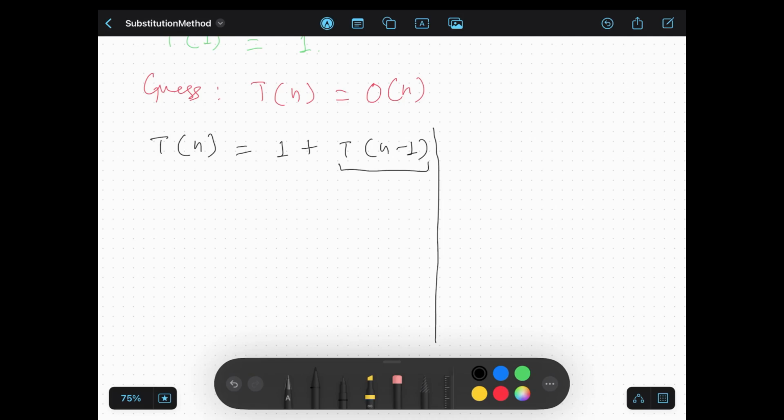If we look at this recurrence, this means the problem size is reduced by 1 at every step. So at the first step, what we are going to do is calculate T(n minus 1), which will be 1 plus T(n minus 2). We substitute n minus 1 for every n.